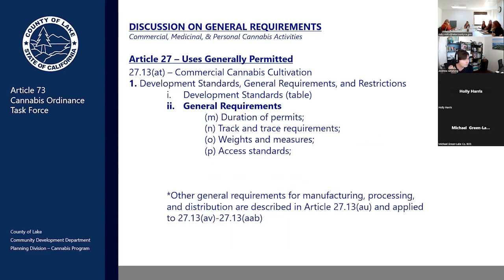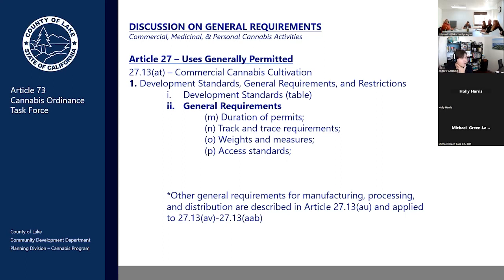And a few more, if you bear with me: duration of permits, which is 10 years; track and trace requirements, which is how the state tracks and traces cannabis products; weights and measures, where we work with the agricultural department; as well as access standards. So this was the section for cultivation, those general requirements that we talked about last week towards the end of our review of the existing ordinance.